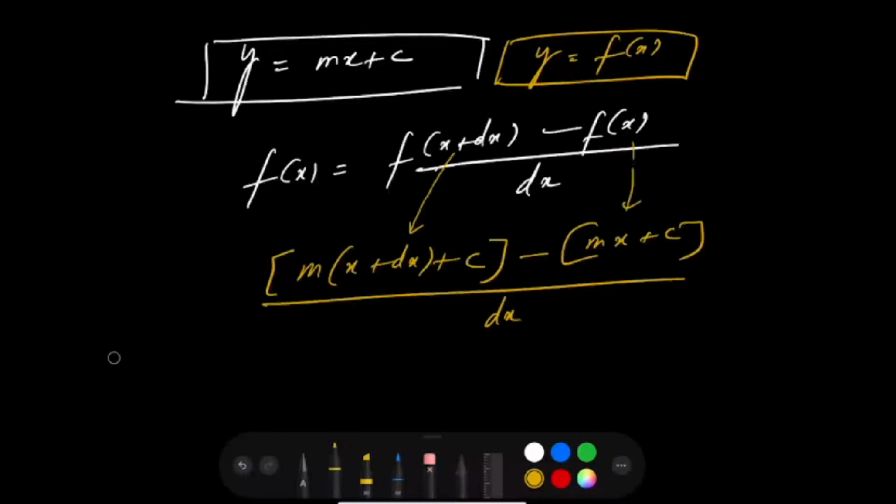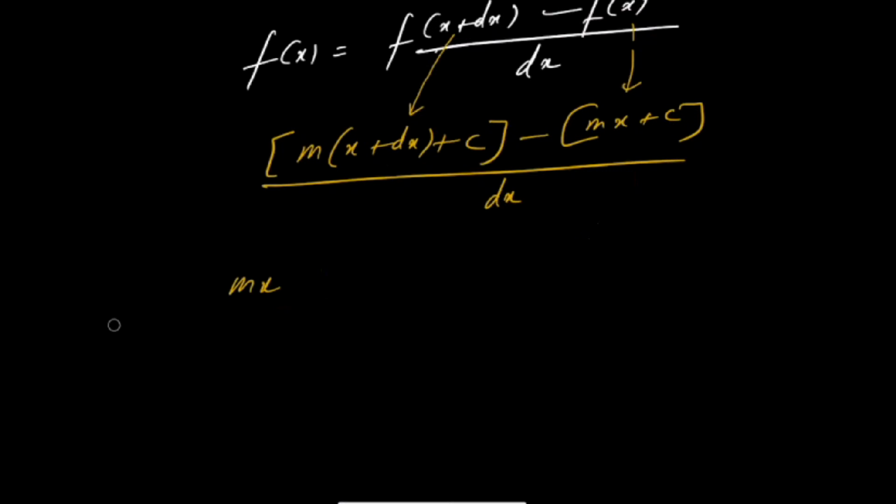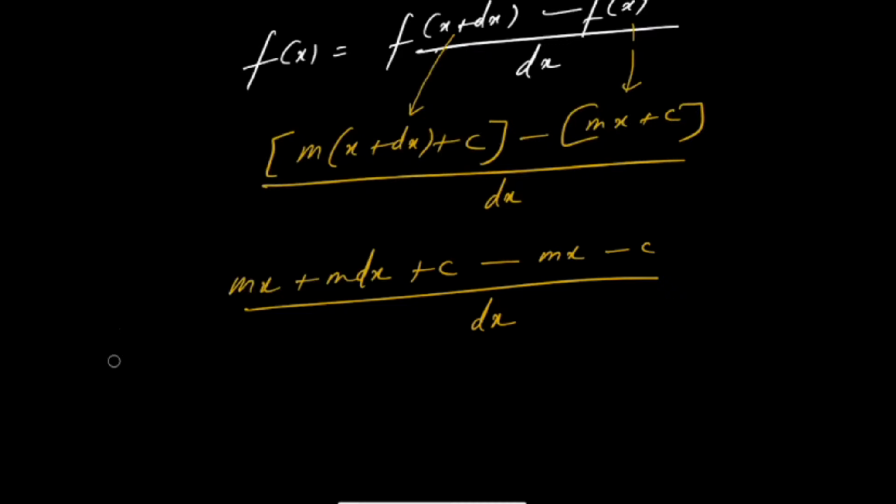Correct? Now what will happen? Just expand it. So what do you get? mx plus mdx plus c minus mx minus c, by dx. So mx cancels, c cancels. What remains is m dx by dx. So dx cancels and you'll get m.